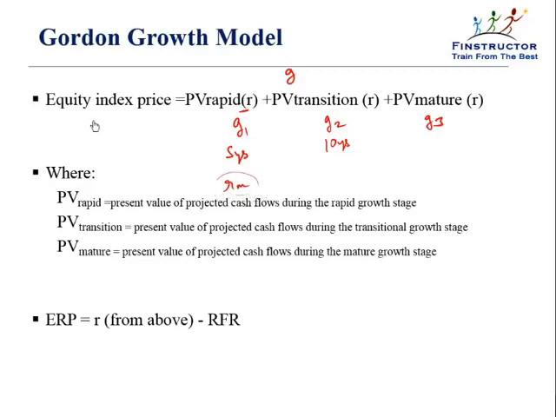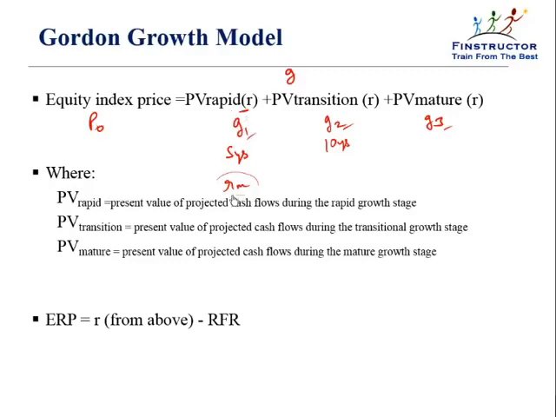So the price of the index is known. The cash flows in the next 3 stages are also known because growth assumptions have been decided. Unlike the Gordon growth model, the growth assumptions are not exactly the same. So a high growth, a medium growth, and a low growth phase. The price is known, the growth is known, the cash flows are known.